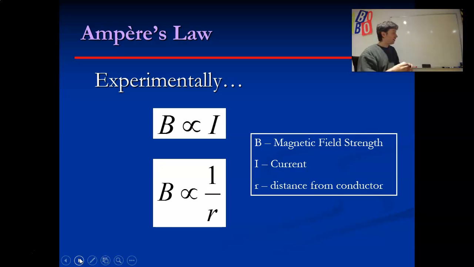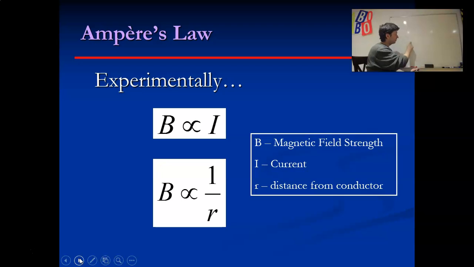But if you're looking out from a wire, and if you're just looking at one point, one circle around that wire, well, as that circle moves outwards, you're looking at the surface area of a circle, otherwise known as the circumference, and that's proportional just to r.